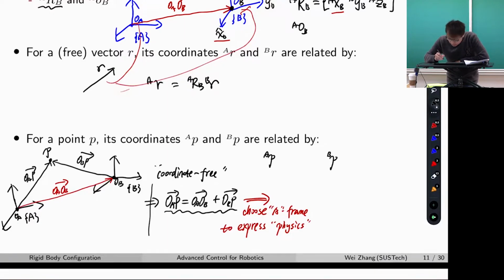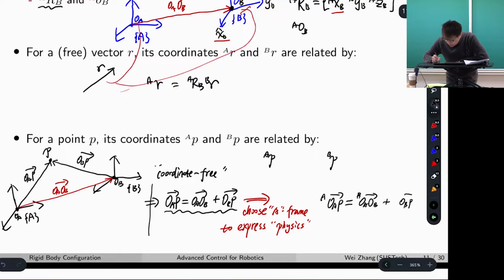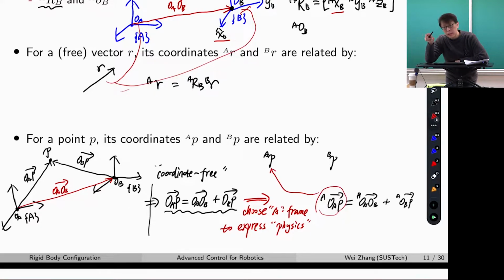What we got is OAP in A equals OAOB in A plus OBP, this vector in A coordinates. Now you should be able to see what this is. This is my PA, right? PA is the vector from OA pointing to P, expressed in the A frame.